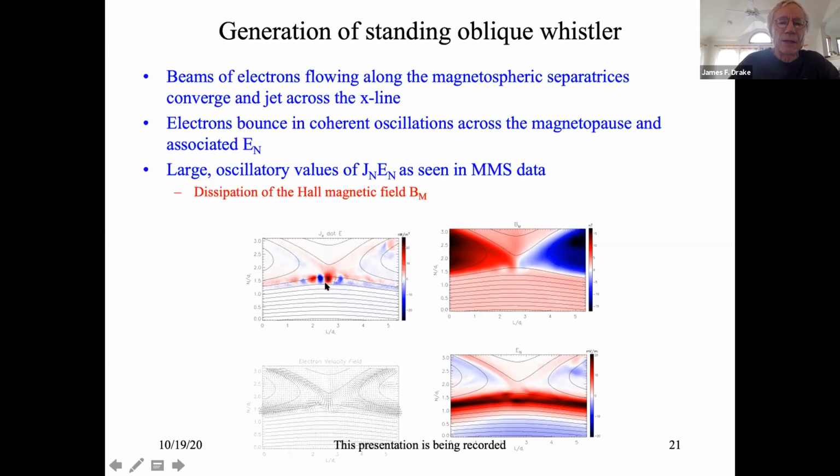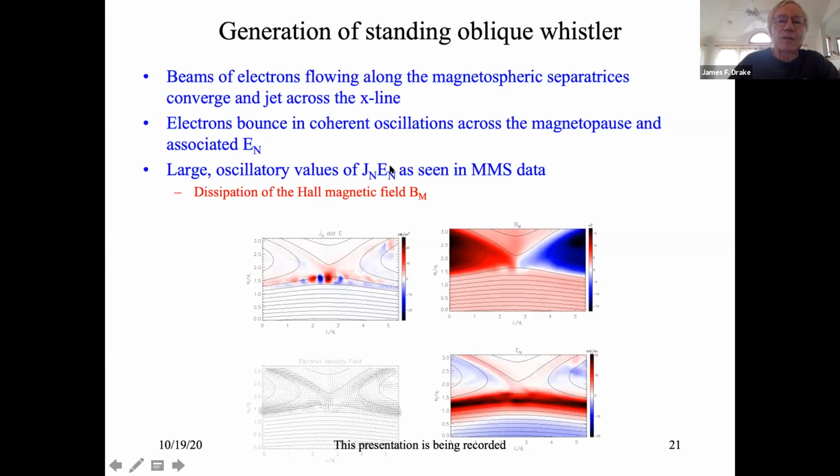Electrons come down here, they gain energy, and then they bounce back and forth, and they lose energy, and that's why the oscillatory dissipation.